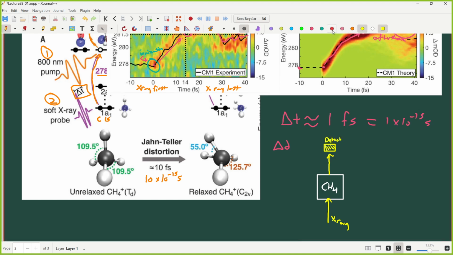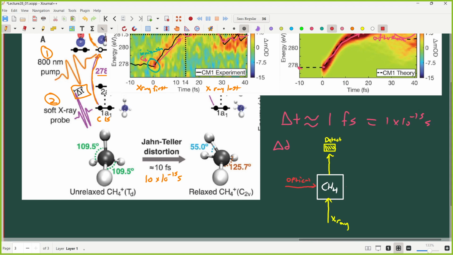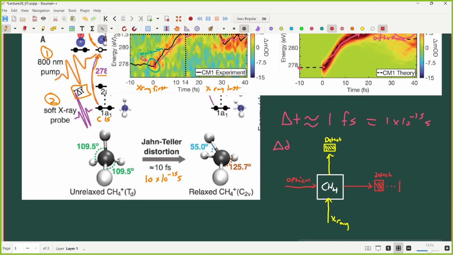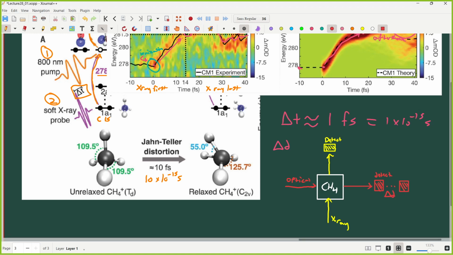Then we'll say that our optical pulse is coming in this way and comes out, and there's a detector here. Let's move one of the detectors. Let's have it on a stage, so that this one can move to a new spot, up to delta D.